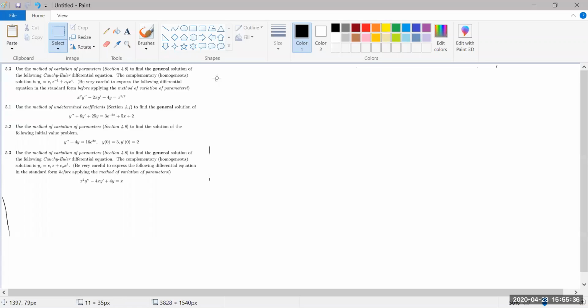Okay, so that's going to look like m squared minus 4 equals 0. And you factor this out.